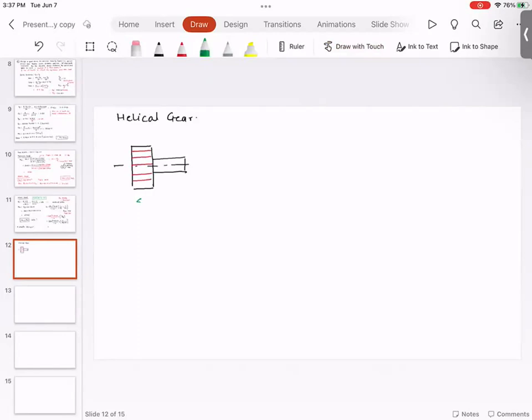This is the spur gear. If you look at the helical gear, the gear teeth are cut at an angle.